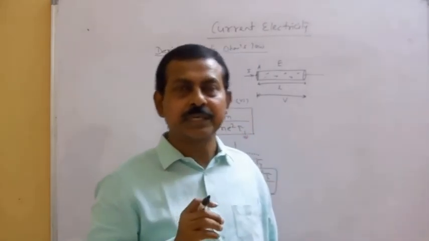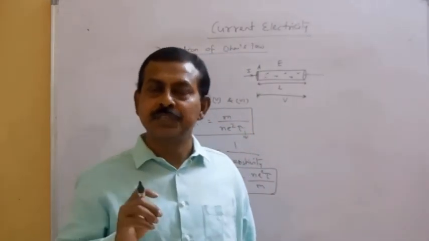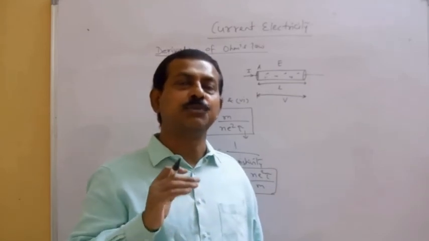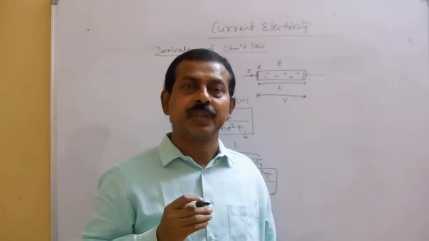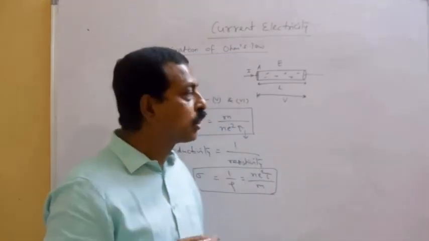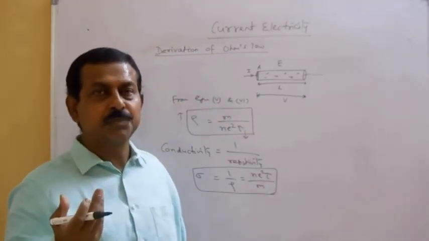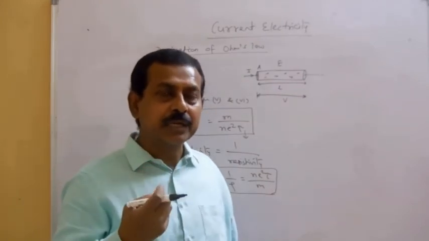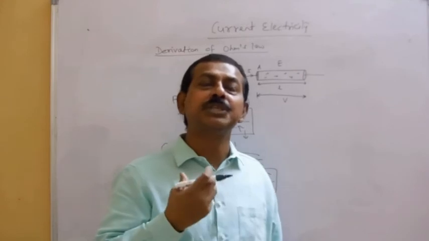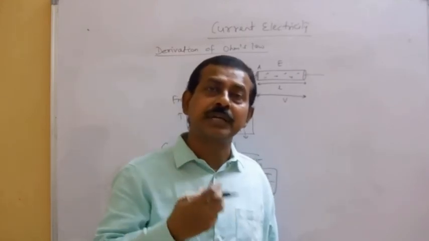For semiconductors, it is a different thing. For a semiconductor, if you increase the temperature, then resistance decreases. It decreases because with increase in temperature the covalent bonds break. There will be more free charge carriers available for conduction.